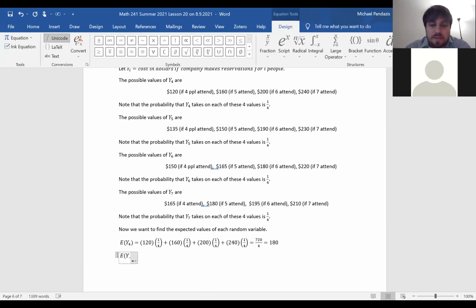The expected value of y sub 5 is now take each possible value of y sub 5 and multiply it by its corresponding probability. So the possible values of y sub 5 are 135 times 1/4, plus the next possible value, which is 150 times its probability of 1/4, plus the next possible value, which is 190 times 1/4, plus the next possible value, which is 230 times 1/4.